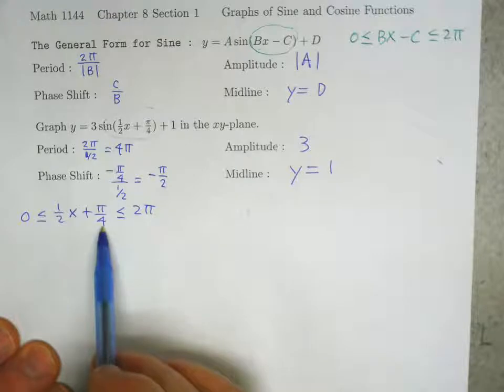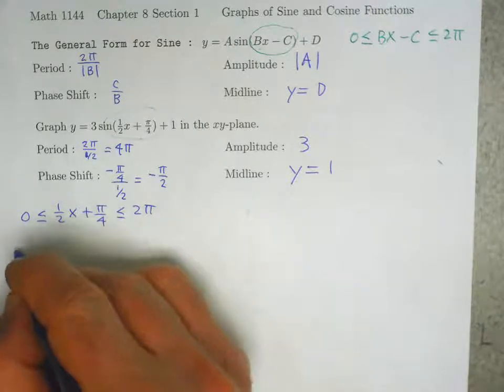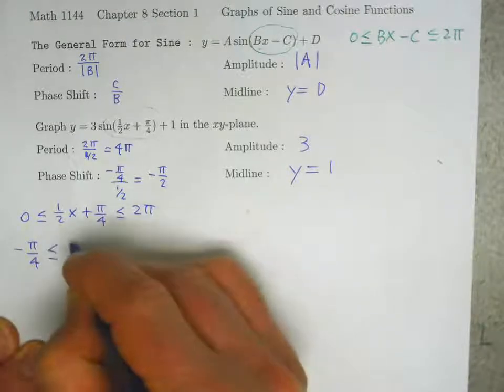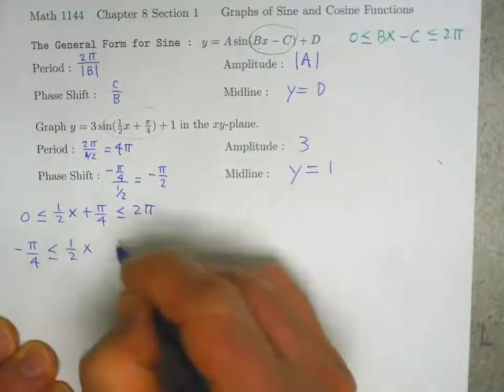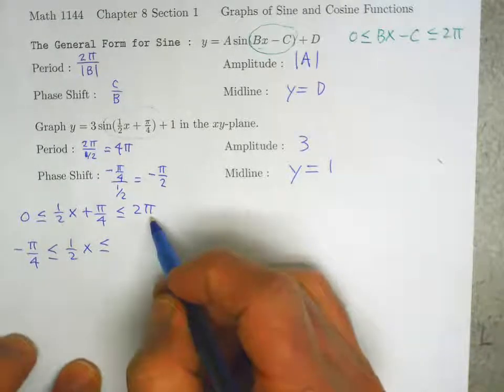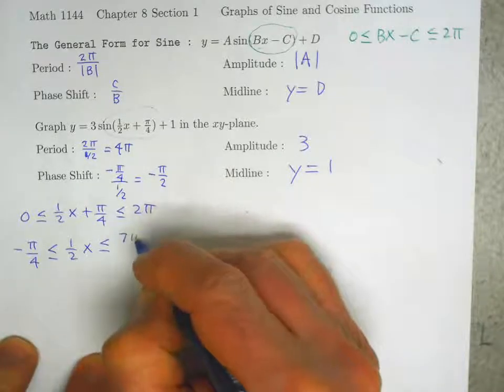First, we'll subtract pi over 4 from all 3 parts. So we get negative pi over 4 is less than or equal to 1/2 x is less than or equal to 2 pi minus pi over 4, which is 7 pi over 4.